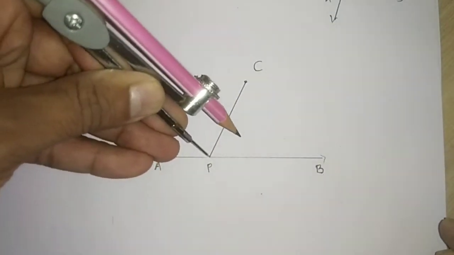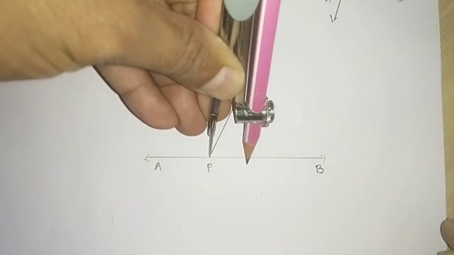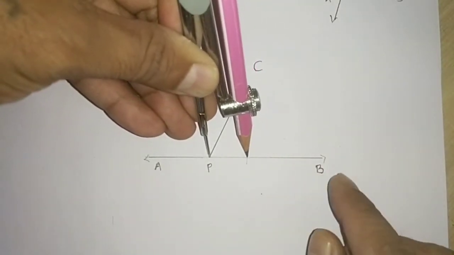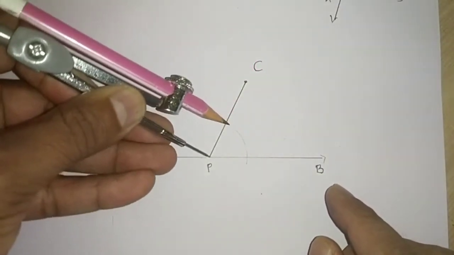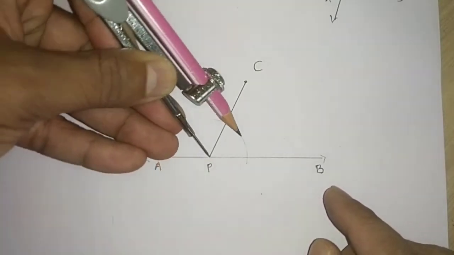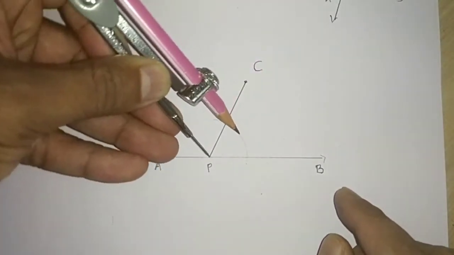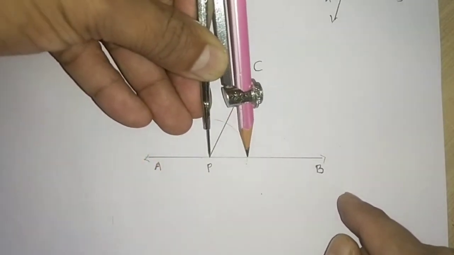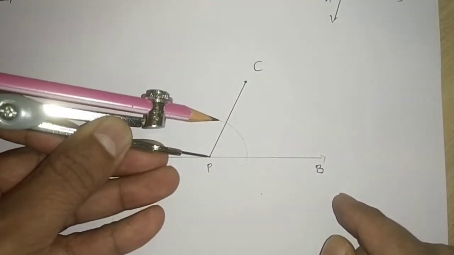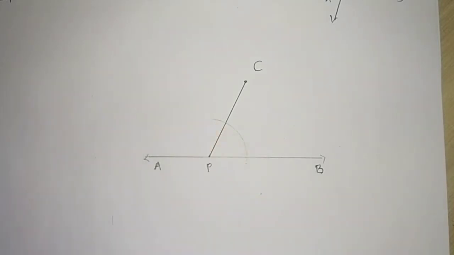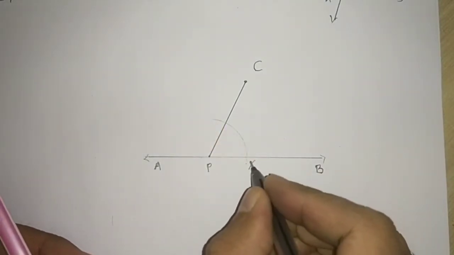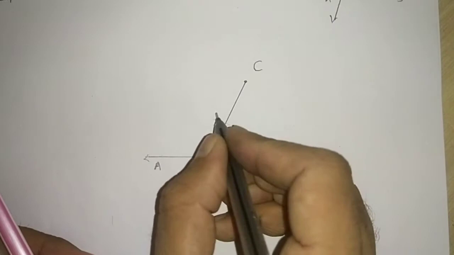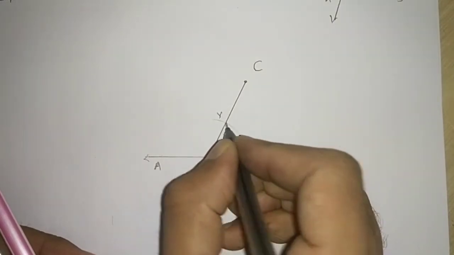Put the needle on P and draw one arc which cuts AB and PC. What it is doing? We are cutting the line AB and PC. Cut line AB and PC at X and Y respectively. We are cutting it on X and here we will name this point as Y.